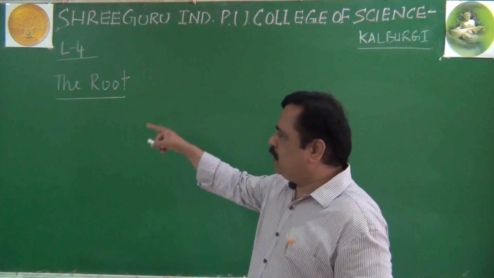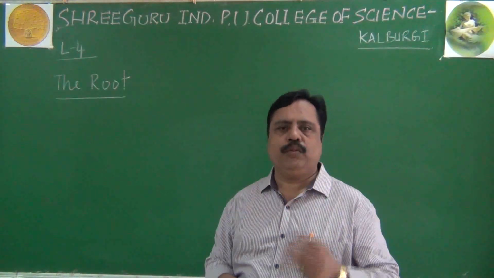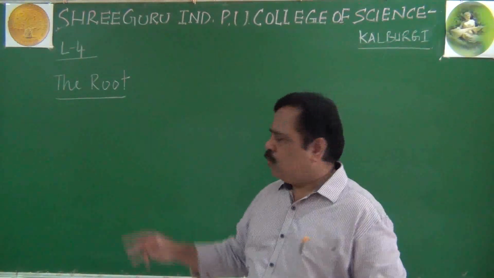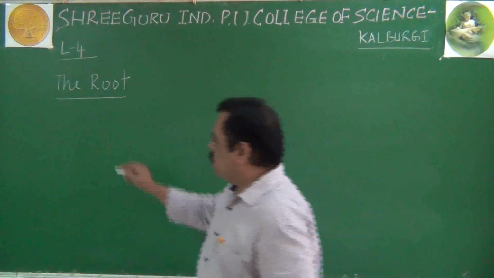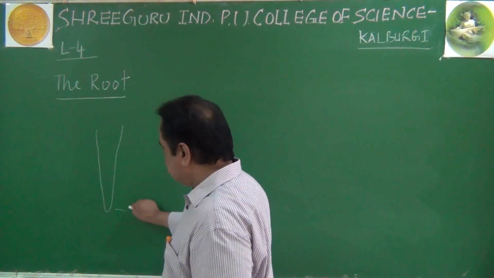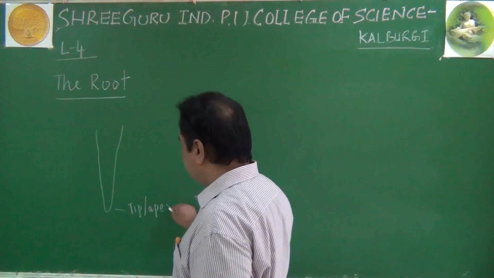When we take a typical angiosperm root, it can be differentiated into 3 regions actually. Towards the tip of the root or apex of the root, remember, this part is called the tip of the root or otherwise apex of the root.